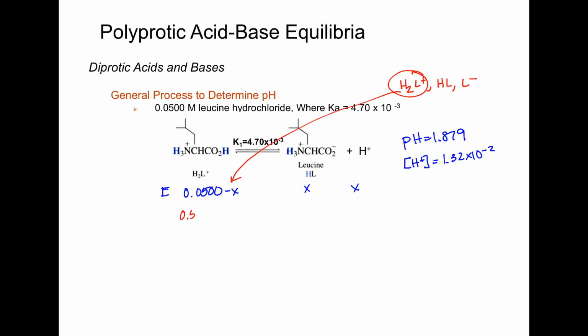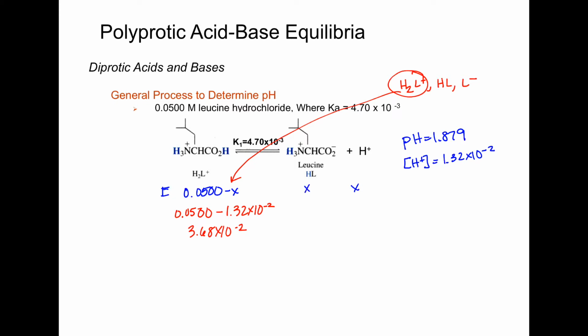So 0.500 minus, and the concentration we found of X was 1.32 times 10 to the minus 2. That is, and there's supposed to be a 0 in there, so that should be 0.05. That is 3.68 times 10 to the minus 2.